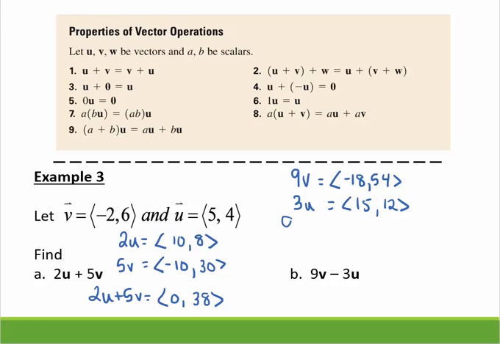Now I subtract those to get negative 33 and 42.